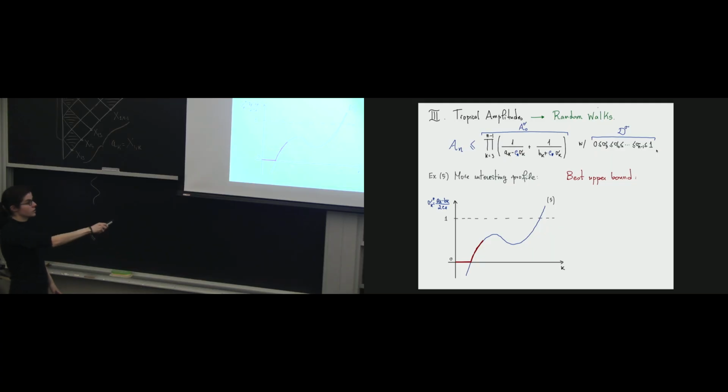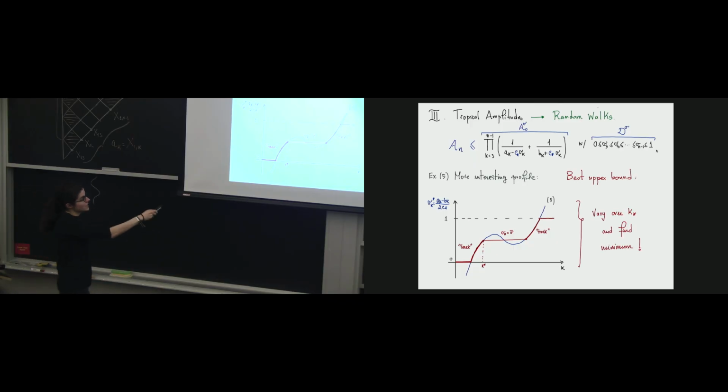But since this curve inflects and turns down, I can't track it forever. Eventually, I'll have to switch into a constant. Then when it starts increasing again, I can track again, and then eventually stay at 1. By looking at solutions that look like this, to find the minimum, I have to vary over this parameter k star and find the value of k star that gives me the best possible upper bound.